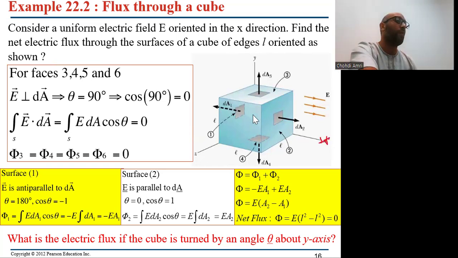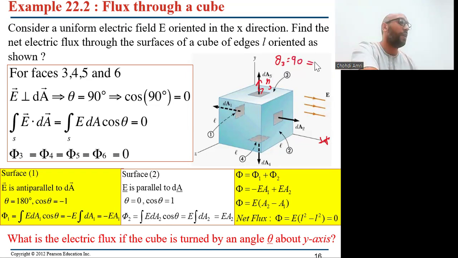Let's talk about surface 3 and surface 4. The vector area is perpendicular to the surface and it's outward. So dA3 is perpendicular to the electric field. That means the normal vector 3 is perpendicular to the electric field, so the angle theta 3 is 90.